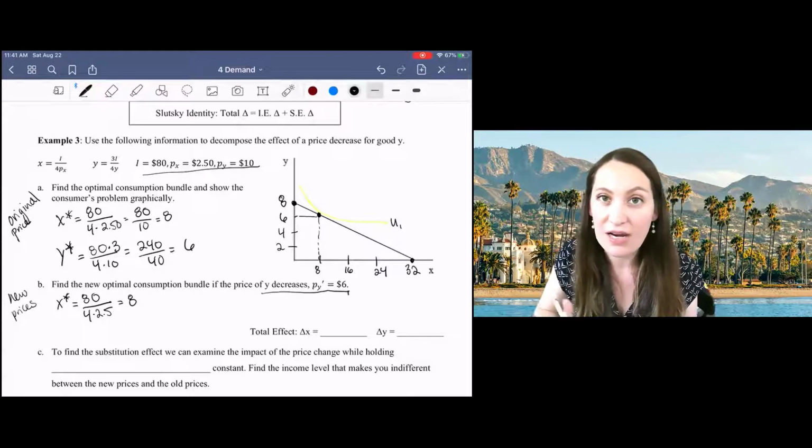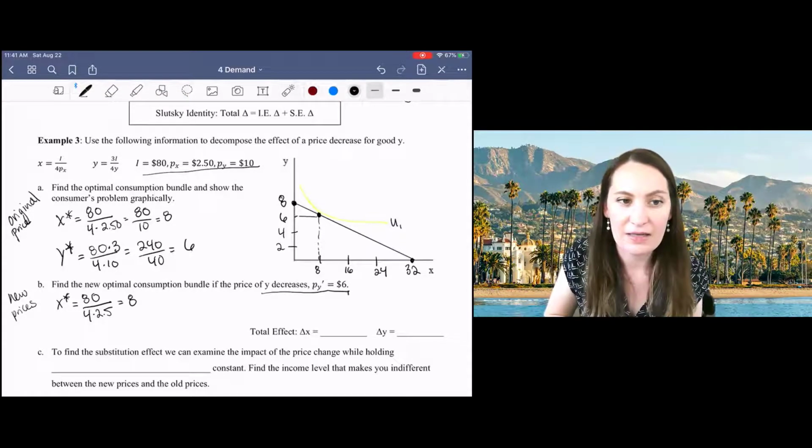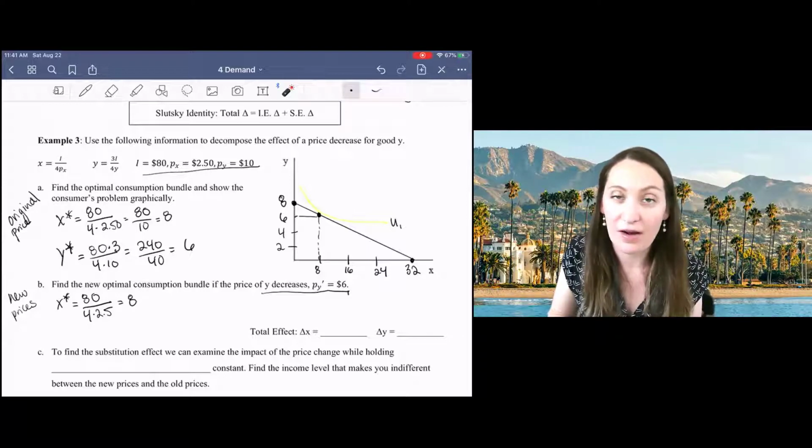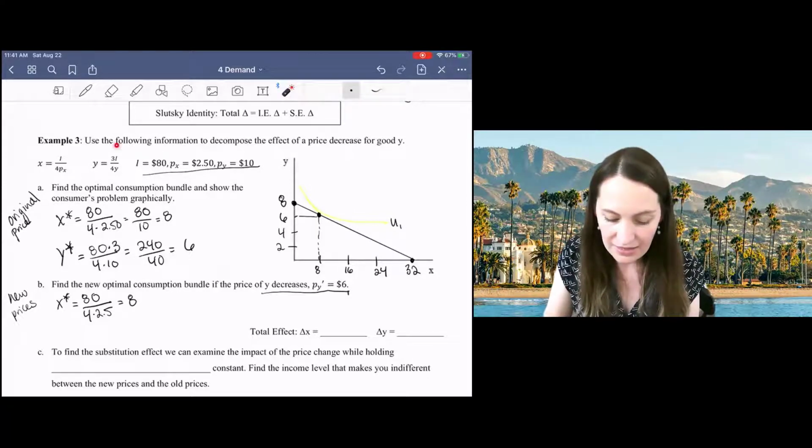Notice that there's no change in x because demand for x is not a function of py. And that's specific to Cobb-Douglas, but that's going to be true for any Cobb-Douglas utility function. Demand for y, likewise, is not a function of the price of x.